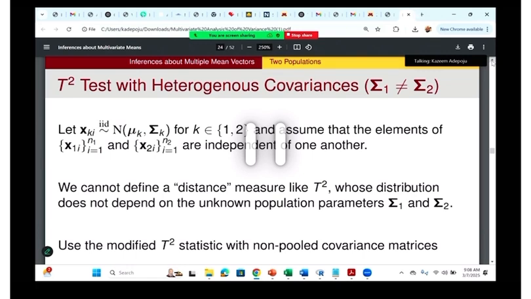If the covariances are not the same, then what we did on Wednesday is not going to be appropriate, because on Wednesday we assumed equality of covariances and we used the idea of a pooled covariance. We normally pool covariances when it is assumed that they are the same. But when they are not the same, then we do not need to pool. Then we're going to have a different test statistic, which is what I'm showing now. You can see there's no pooling here.